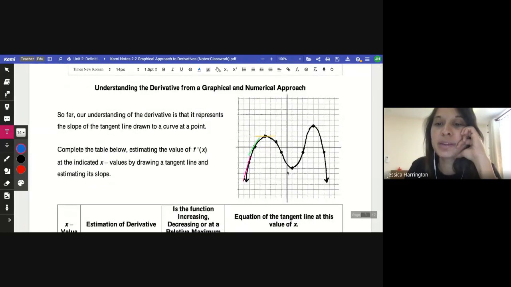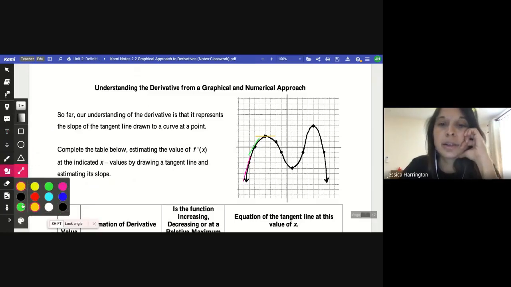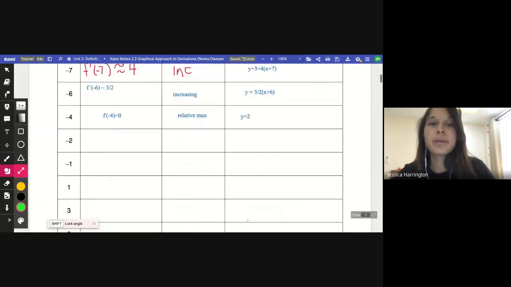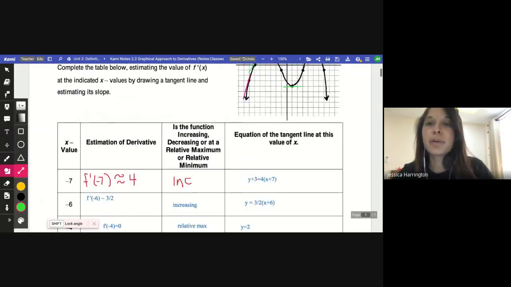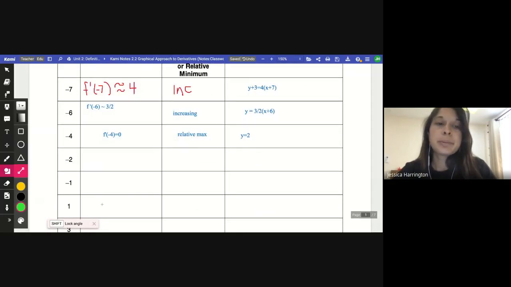Let's try one that's a relative min. What about at x equals 1? So let's get my line here. At x equals 1, same thing. It's another slope of 0. I'm going to skip some and go to x equals 1 right here.